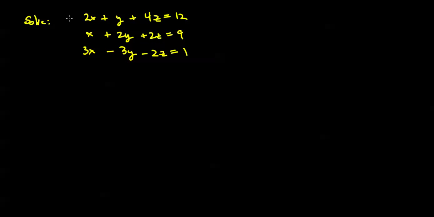There is my 3 by 3 system with three variables, and I'm going to number these equations 1, 2, 3. Things can get very complicated very quickly if we don't keep organized here.